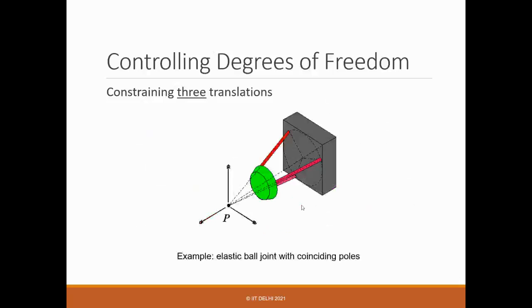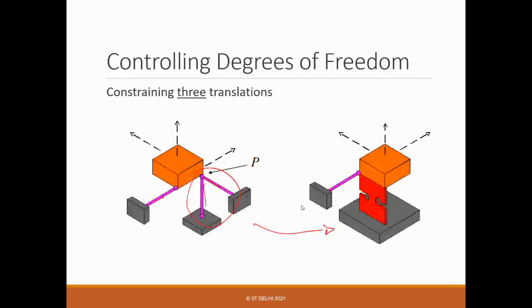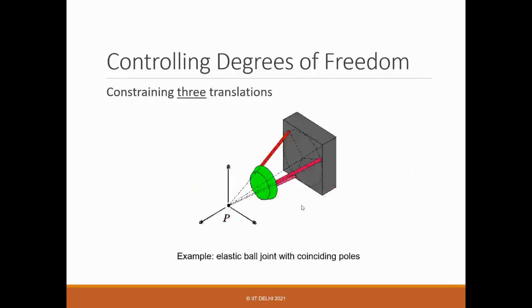What happens, suppose if you want to constrain 3 translations, but here it lies on the body, but what happens if it doesn't lie on the body? So suppose you have these 3 constraints, 3 wire flexures, what happens?